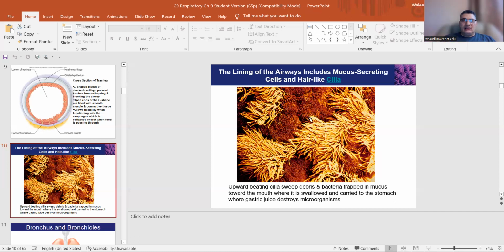So these cells, called the mucus secreting cells, secrete mucus, which is this viscous secretion that's inside our respiratory airways, so that anything that goes in will be trapped. Not only that, but we also have these, look at these finger-like projections, cilia, that will push out anything that's going in other than the air. It should be the air only.